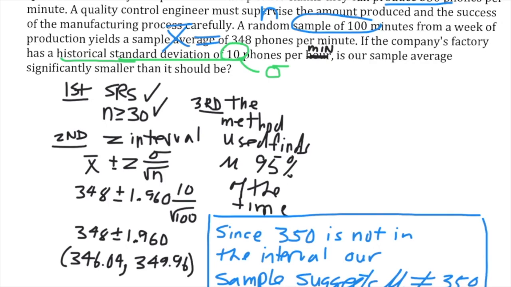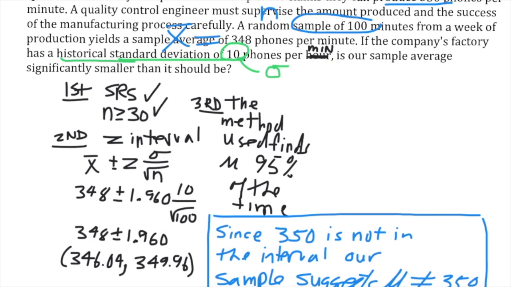And the fact that the average could be as low as maybe 346 phones per minute, that's telling us that it's underperforming by 4 phones per minute. Now it's per minute, but you forecast that over an entire hour or an entire day or an entire week's worth of production, and that'll be a significant difference.